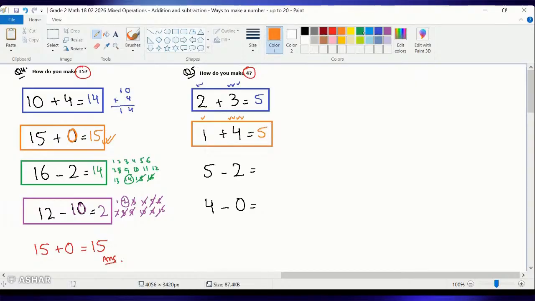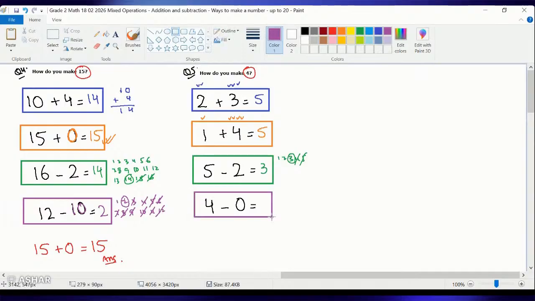For the next one, we have 5 minus 2. That means we write the 5 numbers. We remove the 2 numbers and we are left with 3. It's still not equals to 4, right? And the answer that May gave was 4 minus 0. That means whenever you subtract a 0 or you add a 0 to any number, the answer stays the same.